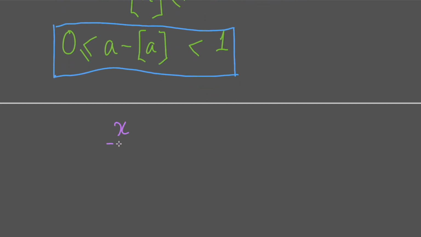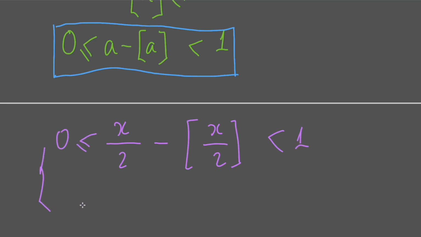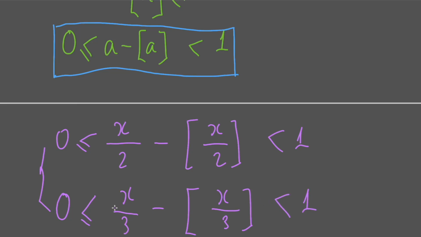We have x over 2 minus floor of x over 2 is smaller than 1 and greater or equal to 0. Another thing is x over 3 minus floor of x over 3. Of course, it's also smaller than 1 and greater or equal to 0 as well.